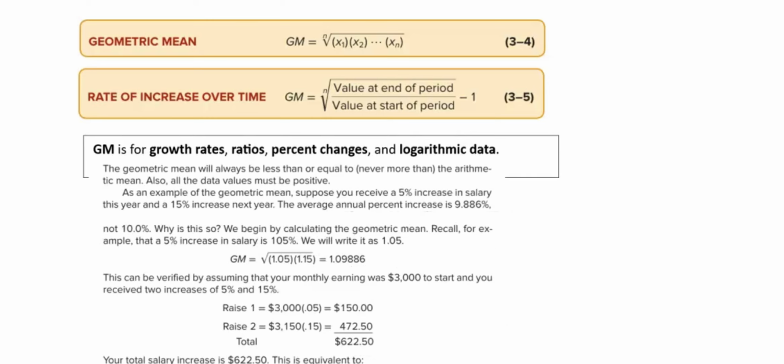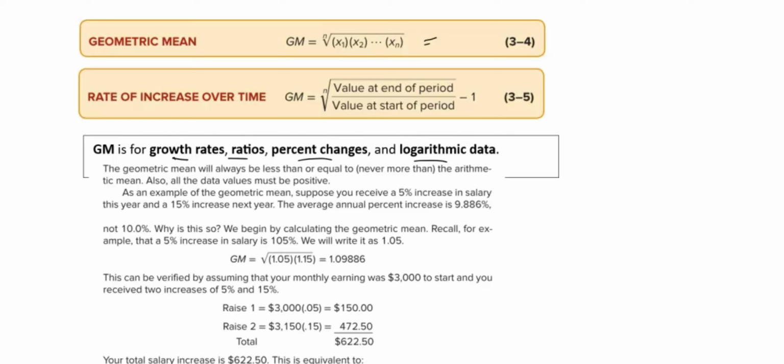So geometric mean is actually also a measure of central tendency where the central data is located, however it's for a very specific type, when the data is about growth rates or ratios or percentage changes or logarithmic data.